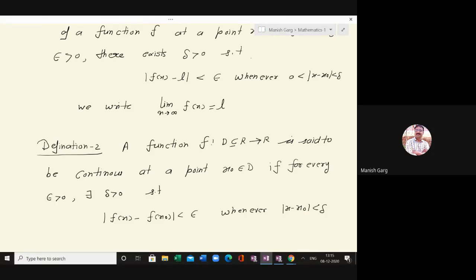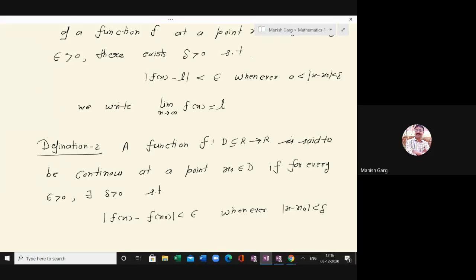But in the case of continuity, the function must be defined at that point x naught, and whatever the limit is, that must be the same as the value of the function at that point.